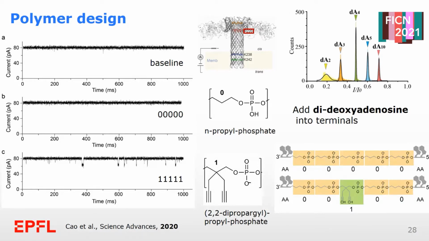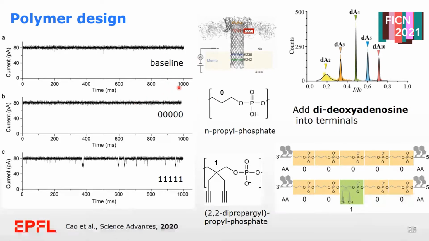So the sequence of the five zeros is depicted here, and the sequence of the 00100 unit is depicted here. So what we noticed when we translocate such an artificial polymer, that doesn't have any, for example, nucleotides, is here.